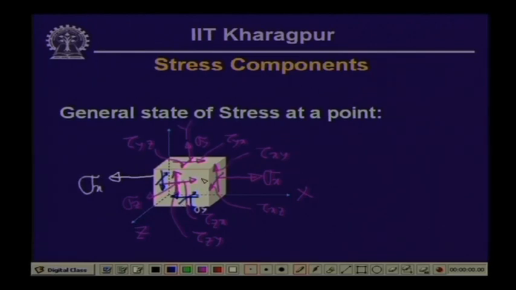Likewise, the other side of the z plane will have the normal stress acting, which is sigma z, and on the z plane we have the stress in the x direction, which is tau zx, and in the z plane we have tau zy. So, these are the stress components that will be acting on this particular body at a point.